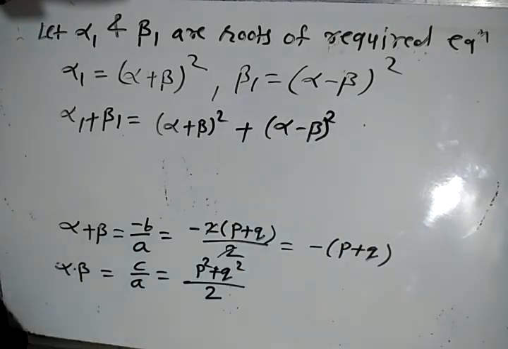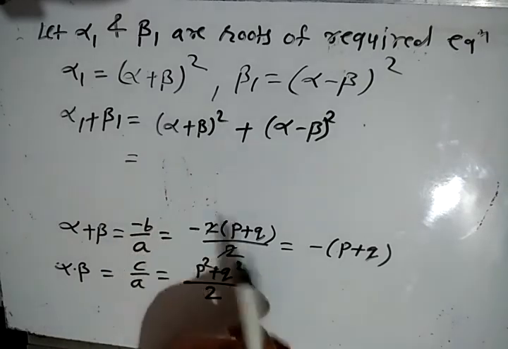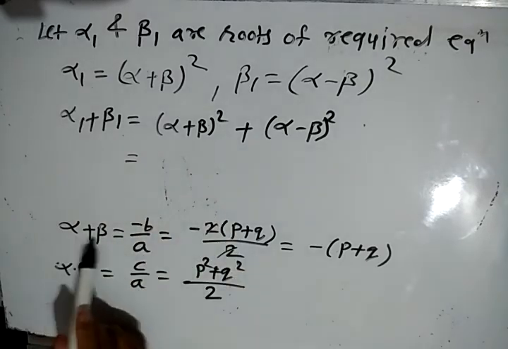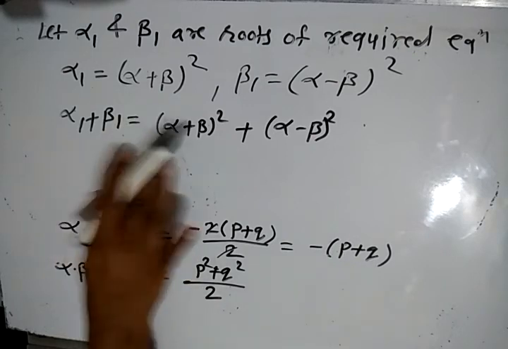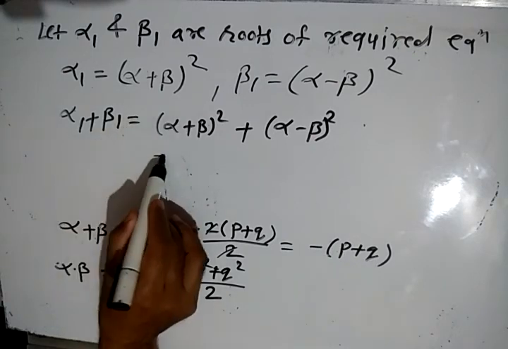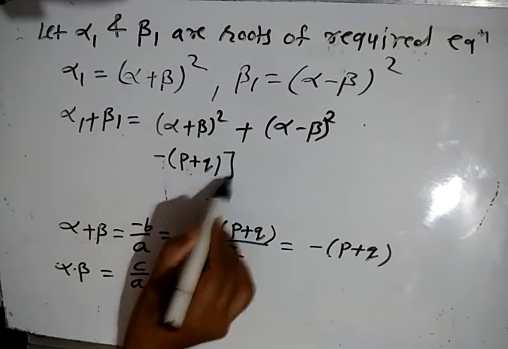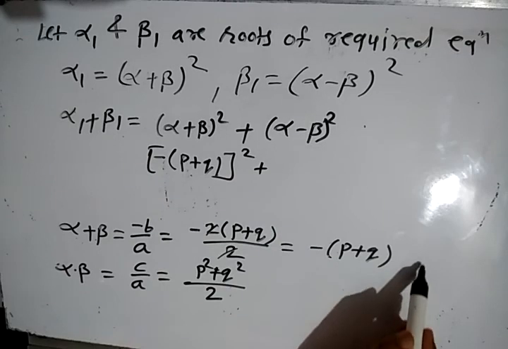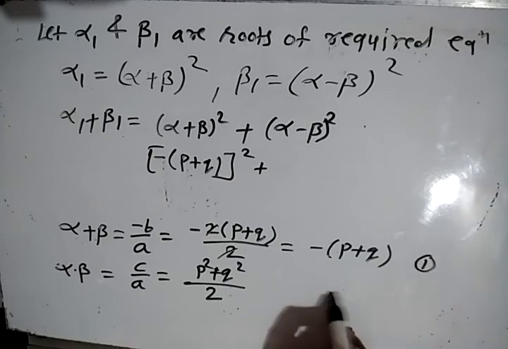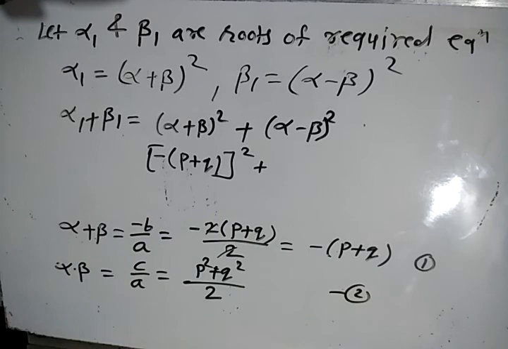Write on expansion of this. We know that the value of alpha plus beta is minus p plus q. Therefore we can write minus p plus q whole square plus alpha minus beta whole square.